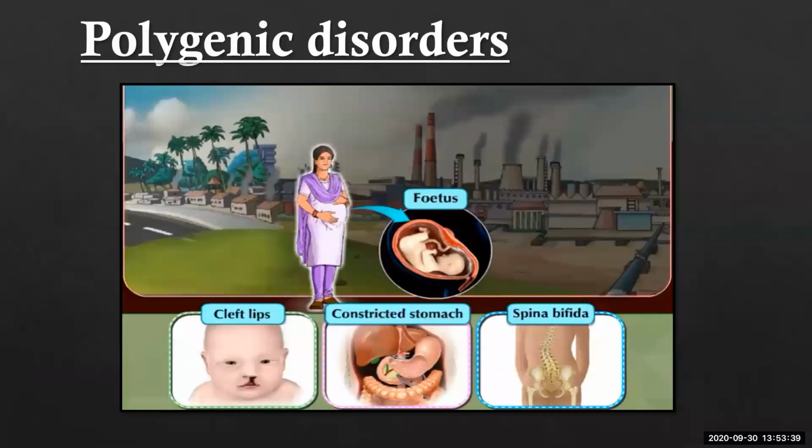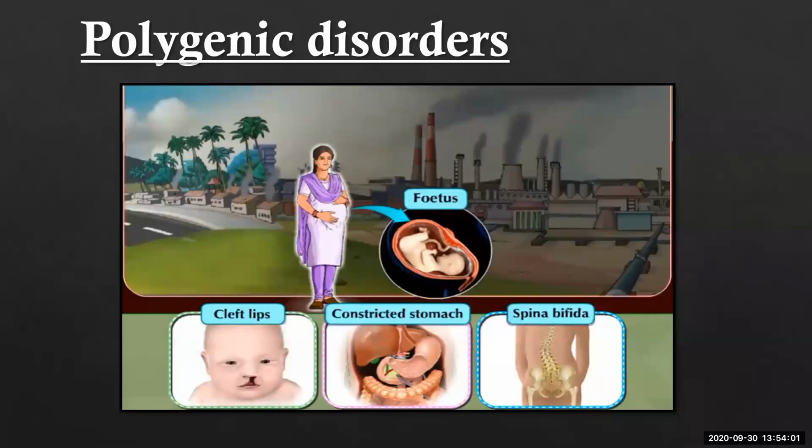Now we will see the polygenic disorder. Sometimes disorders arise due to mutations in more than one gene. Poly means many. Before that, we have seen the monogenic, where there is a defect in only a single gene, but in polygenic there may be defects in many genes.